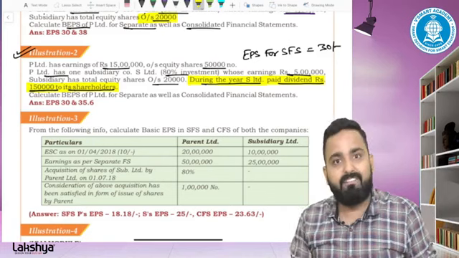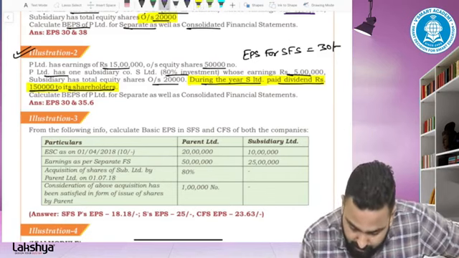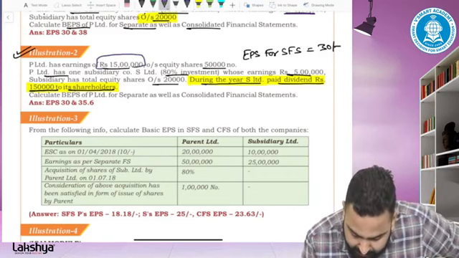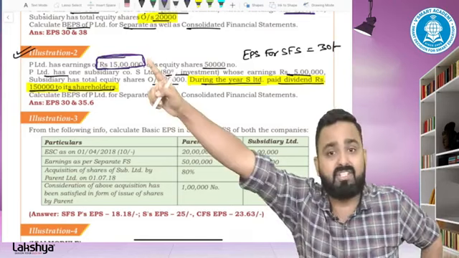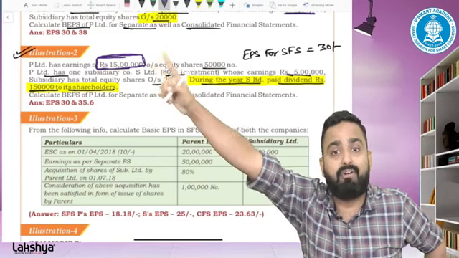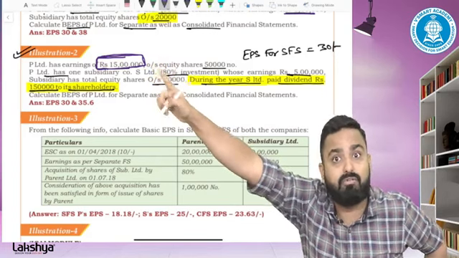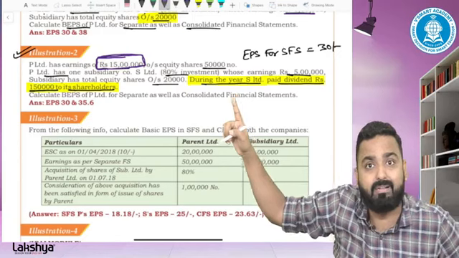Yes. So definitely this 15 lakh must contain the amount of 1,20,000 dividend income also, which is received from the subsidiary company.